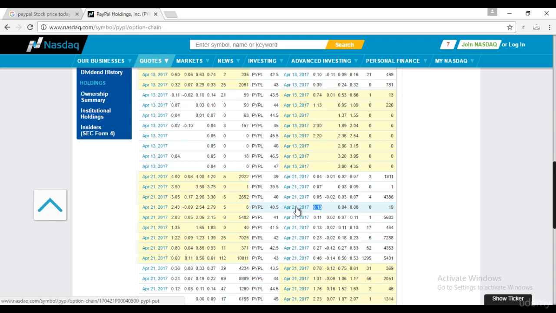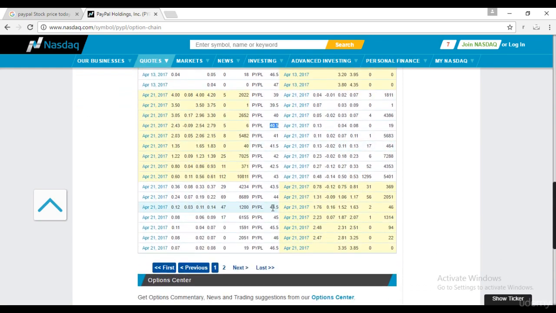Now over 10 months, you'll be making 6%. So on a yearly basis, you will be making a 7.2% return. And you will be buying it at a lower rate of $40 if it falls. If it falls. This is how it is. Making huge return just by following the plan.